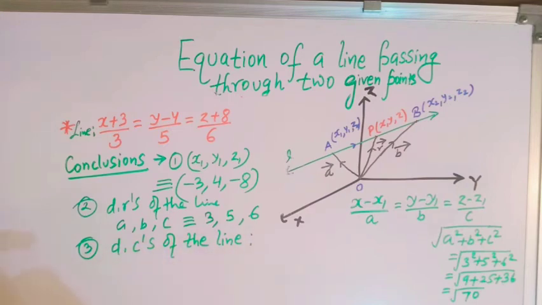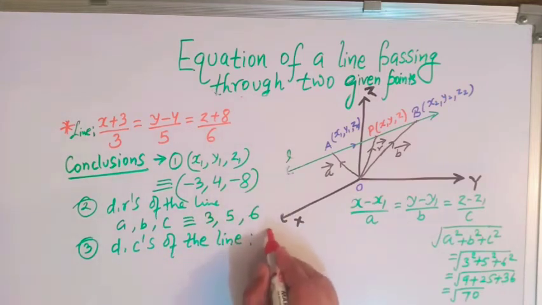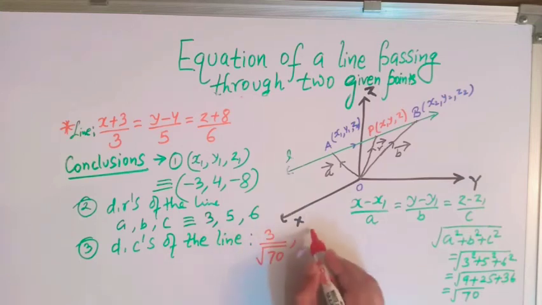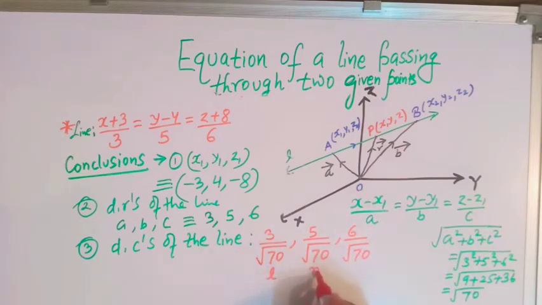So therefore the direction cosines of this line are 3 divided by square root of 70, and then we have 5 divided by square root of 70, and 6 divided by square root of 70. So this is L, this is M, and this is N.